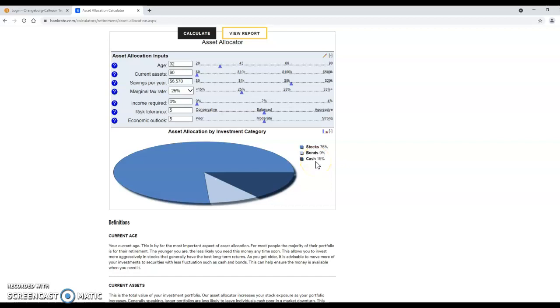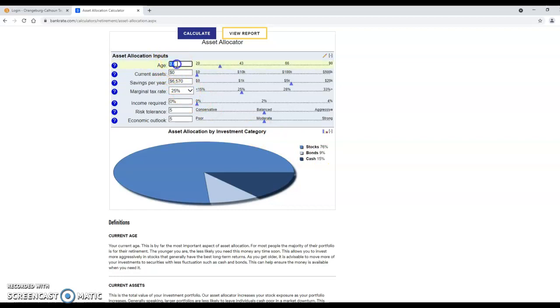A savings account might give you 0.5% or something, and money market will give you more than that, but still, they're not going to get you very much. If inflation goes way up, then you'll actually not be doing well if you have it all in that. But it is safe, and it's stuff you can get out quickly if you need to. So you should always have some in those kinds of things. And at 32, they're suggesting you should have 15% in those types of things.